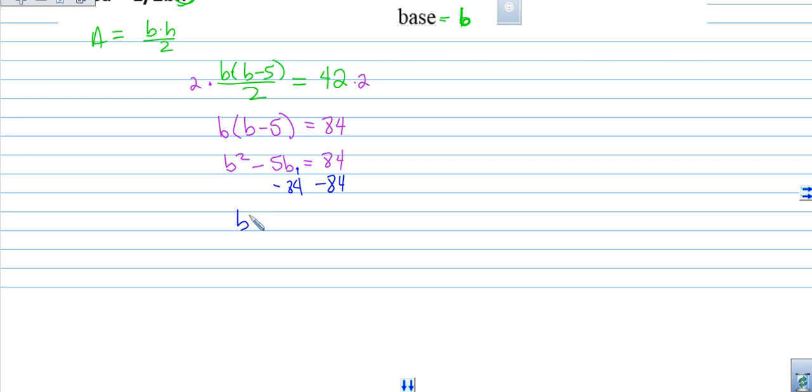And so you're going to get b squared minus 5b minus 84 equals 0. Okay? And just like when we've solved anything else that was a quadratic, you can do it by the factoring method, you can do it by quadratic formula, or you can do it by graphing. Whichever method is the best and easiest for you, that's what you're going to do.